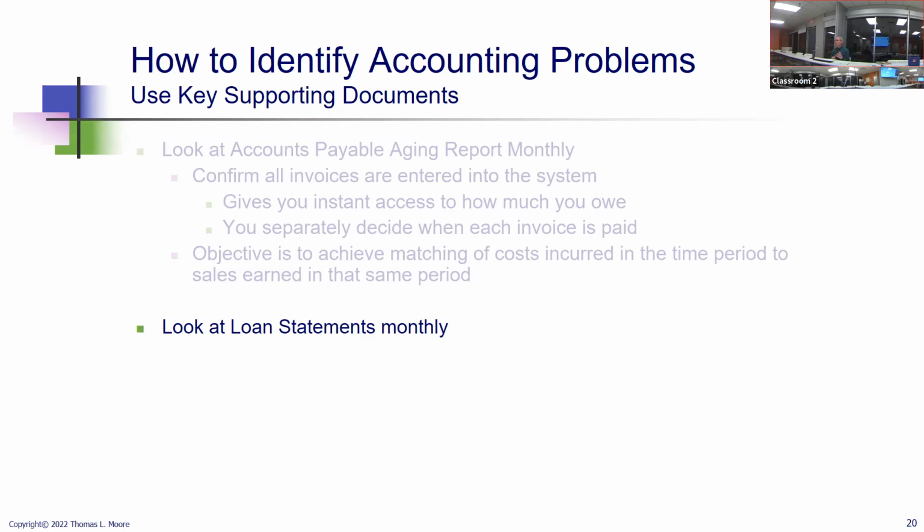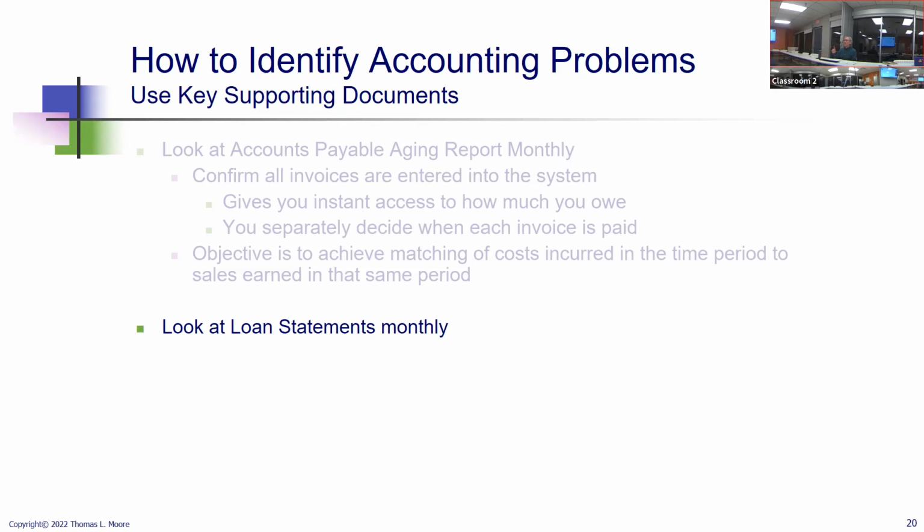So look at loan statements monthly and make sure the loan balance from your bank or from whoever you're borrowing from is the same balance that shows up as a liability in your balance sheet, right? That's probably a long-term liability, but that number needs to show up and match the loan statement for that month from your bank if you're borrowing money from a bank.